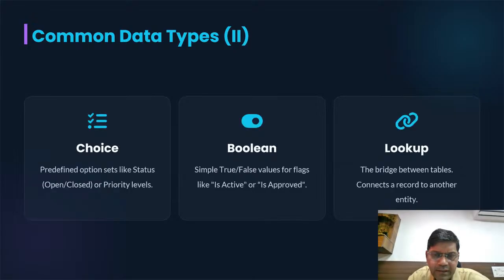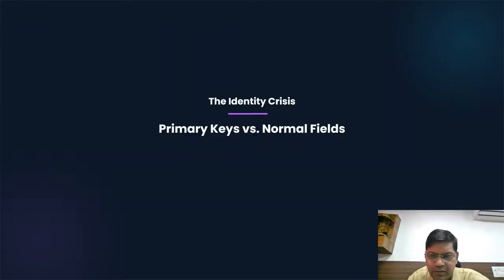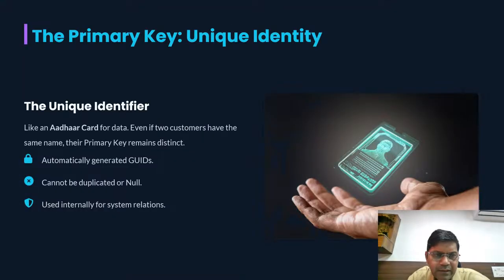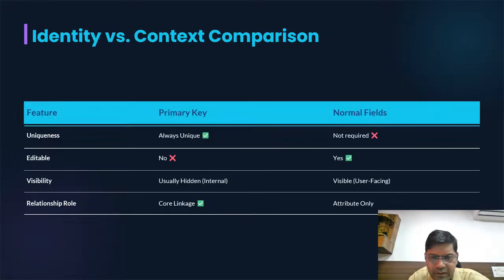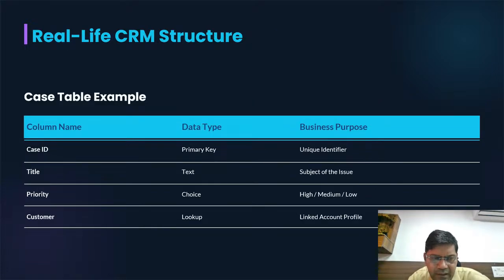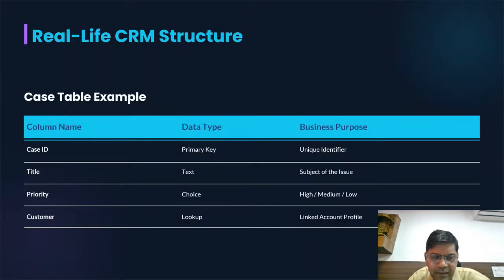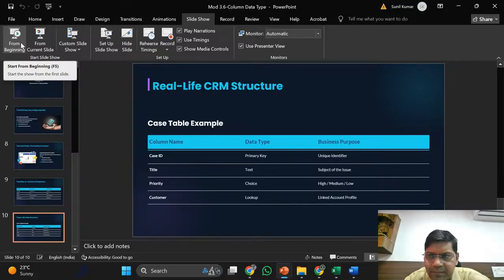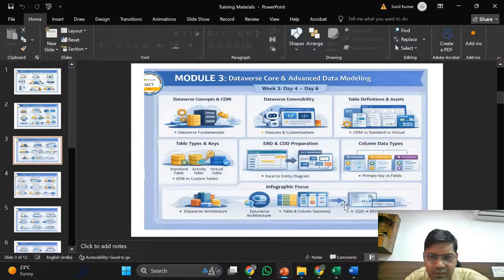Text, number, date, time, choice, boolean, lookup, and unique identifier. Those are not needed here. Features, primary key, normal key, case ID, titles, priority. So I have given different data type examples here. Whatever information I have shared is more than sufficient for you.